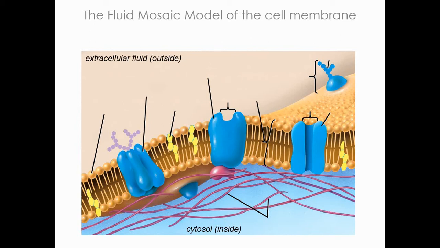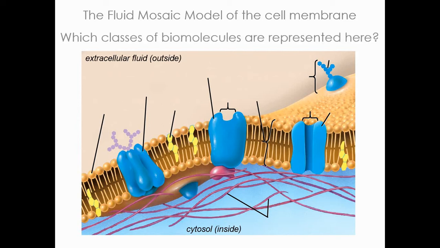So here, as you can see, what do you think are the biomolecules represented here? We have a phospholipid. As you know, these are phospholipids, the main components, with the polar head and the hydrophobic tail. Okay? And then we have the phospholipid bilayer. When you have 2 layers, that becomes a phospholipid bilayer.